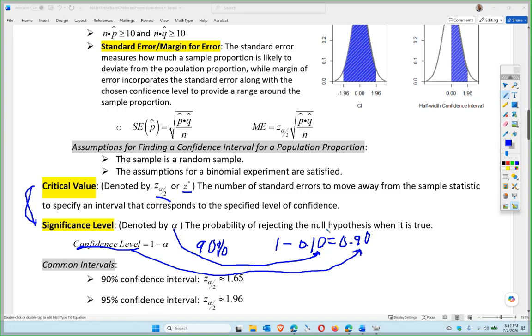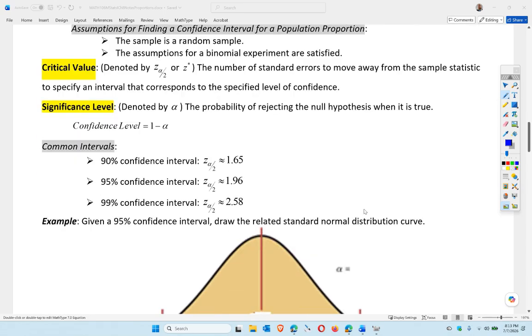Okay, they're related. So if I want a 90% confidence interval, alpha is 10. If I want a 95% confidence interval, then alpha is 5. If I want an 80% confidence level, alpha is 20, or 0.20. Okay? So why is it alpha divided by 2?